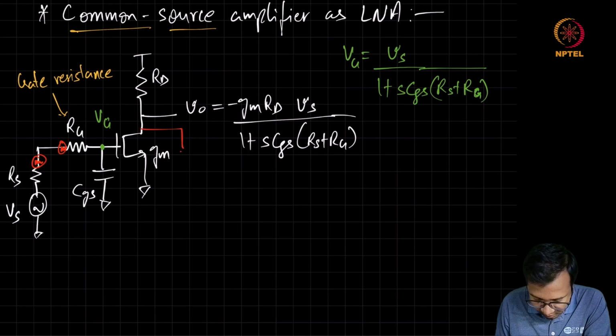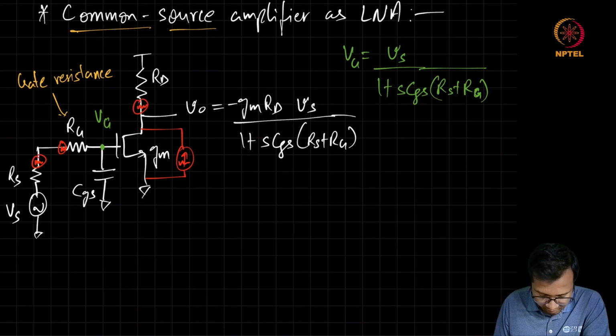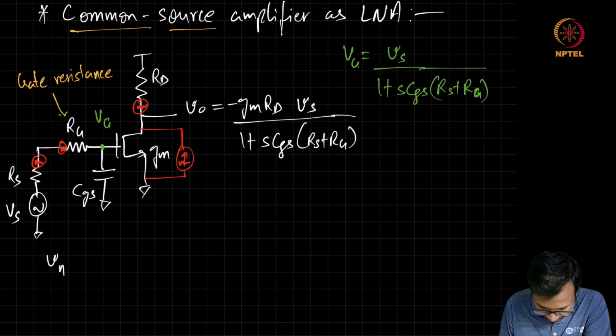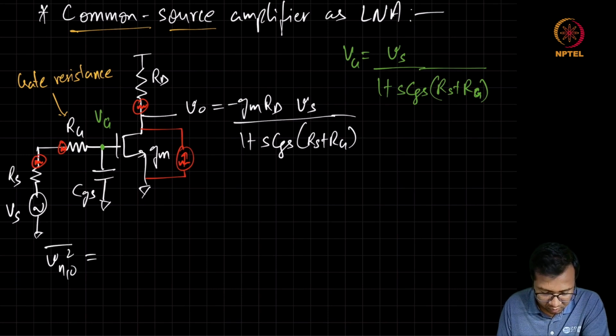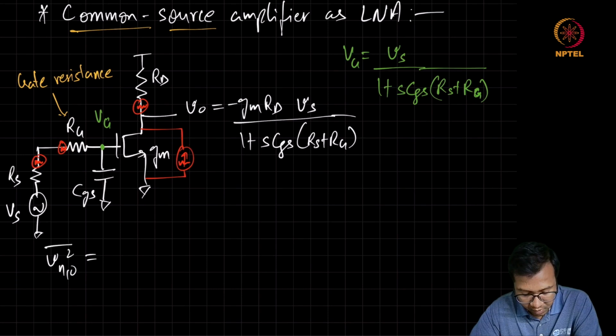The MOSFET will have a drain noise, and the Rd. So if we find the total output noise at the V0, it is going to be the sum of the noise power of all the noise sources.